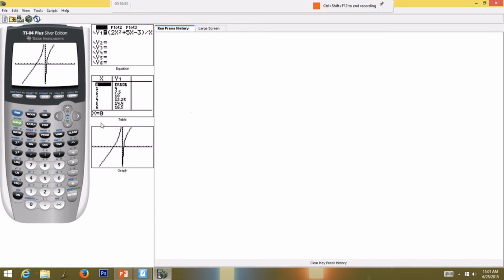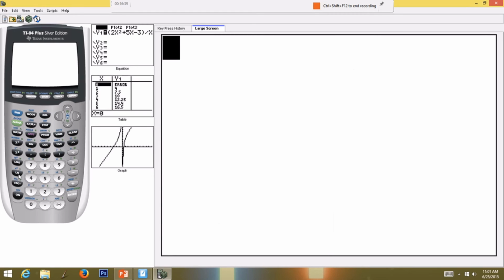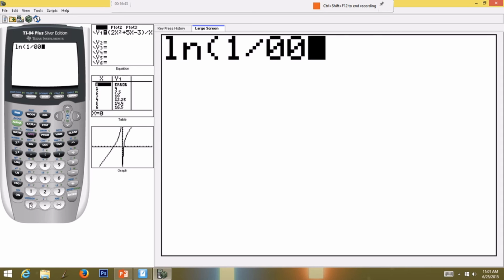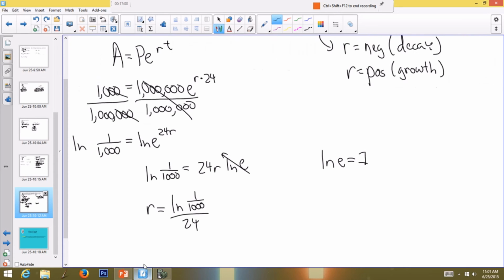So let's see what my calculator has. It's going to be the ln of 1 divided by 1,000. Close my parenthesis, divide by 24, and I should get negative. Round to 3 places, so negative 0.288.